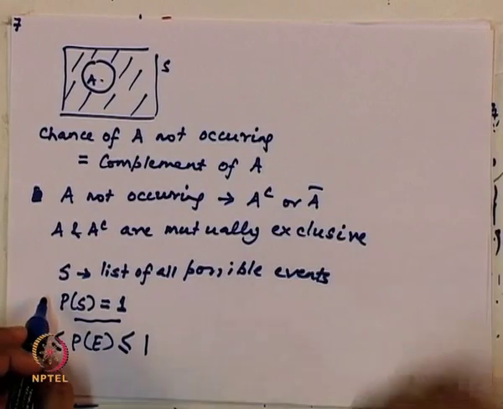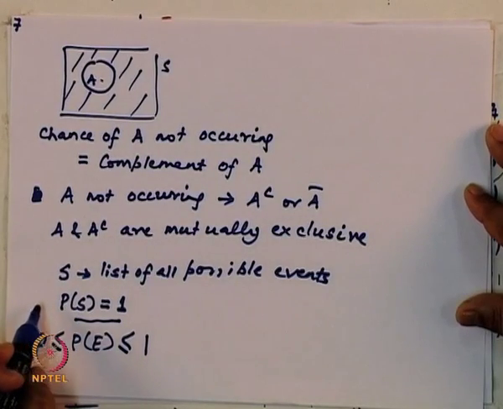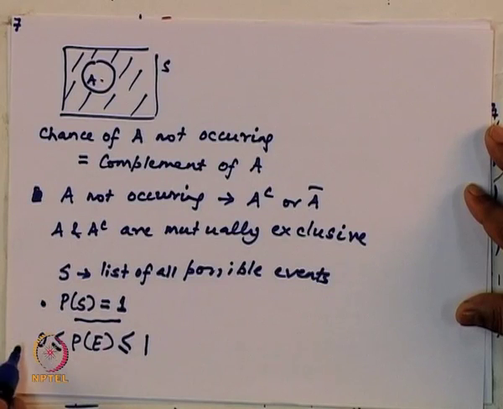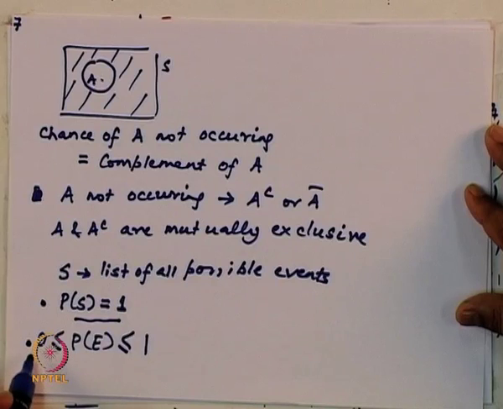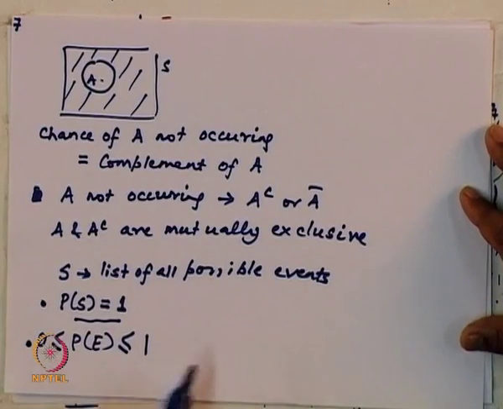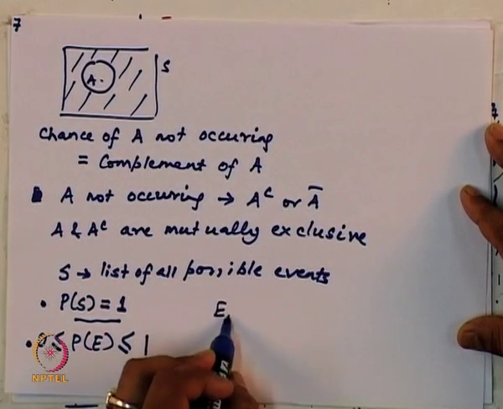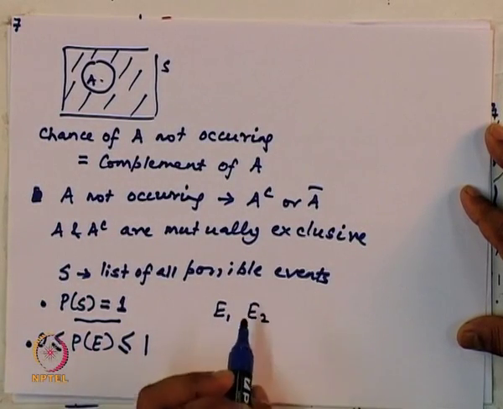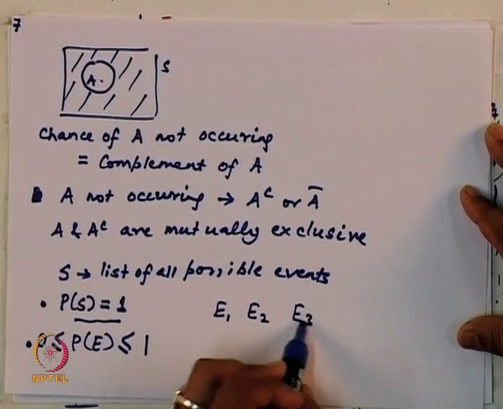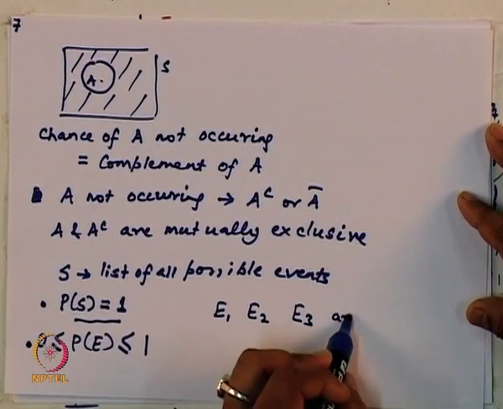Okay. So, one axiom is that the probability of the sample space is equal to 1. The second axiom is that the probability of any event E is less than or equal to 1 and greater than or equal to 0. Now, I can write this for events which are mutually exclusive. Let us say E1, E2, E3 are mutually exclusive.